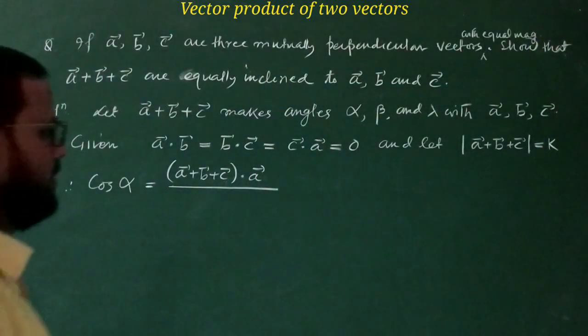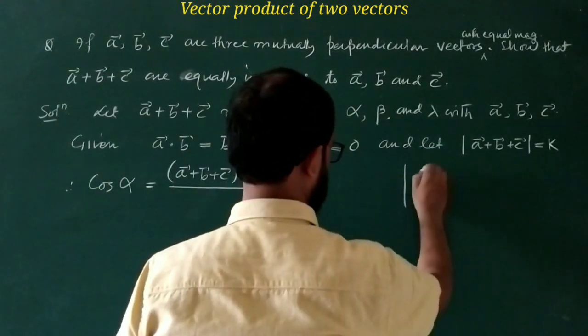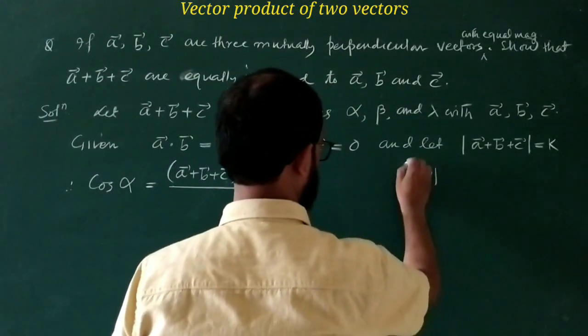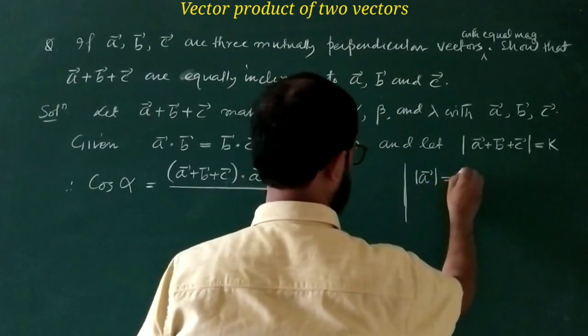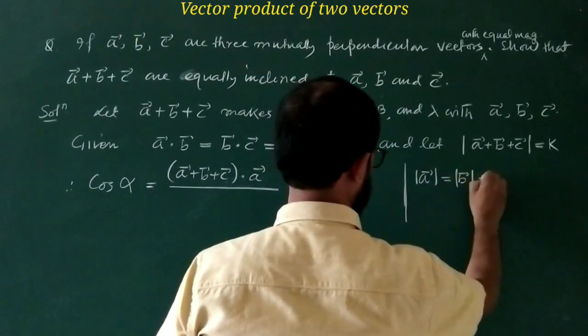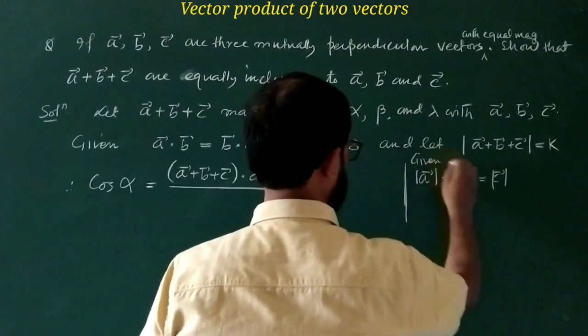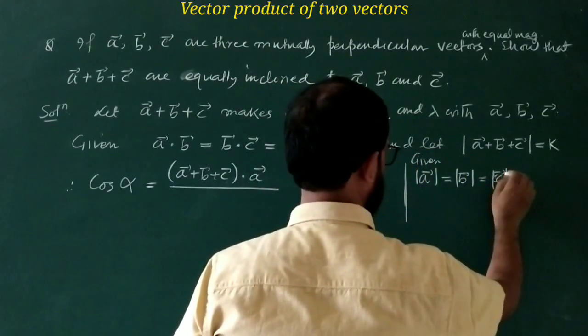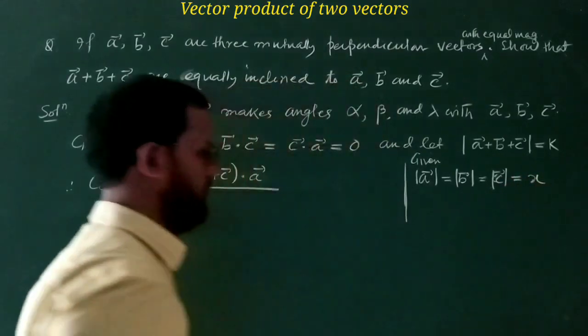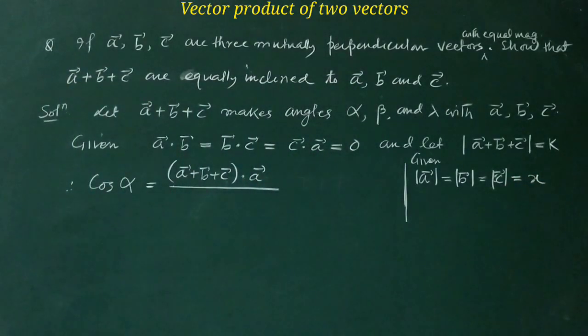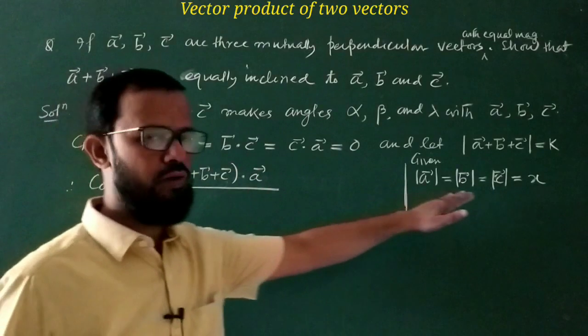So it is given that magnitude of a vector is equal to magnitude of b vector is equal to magnitude of c vector. ये साइड में लिख के रखना, is equal to, suppose x. All have same magnitude. All are mutually perpendicular with equal magnitude.